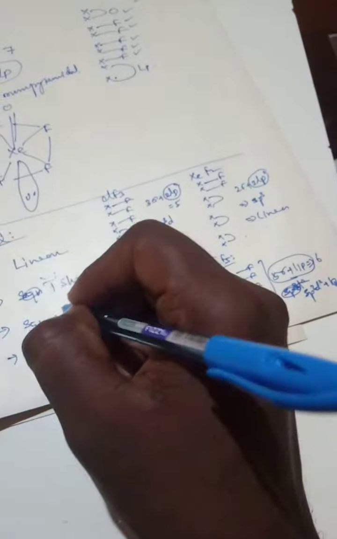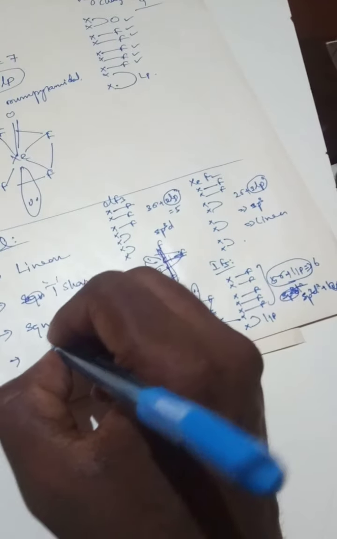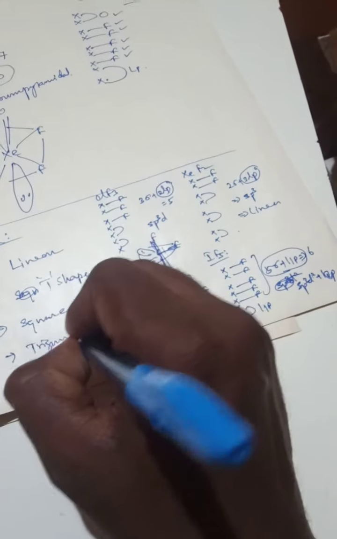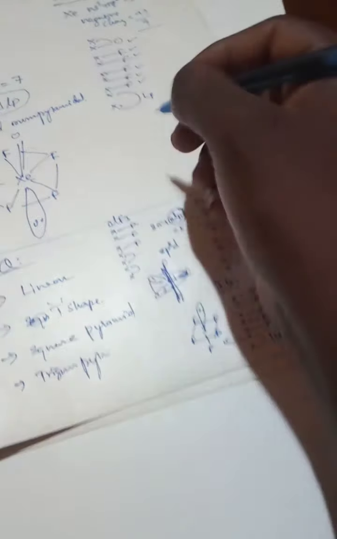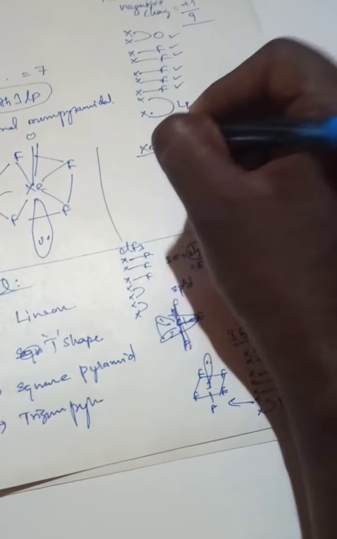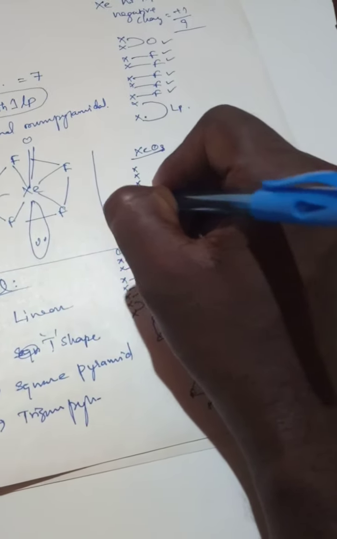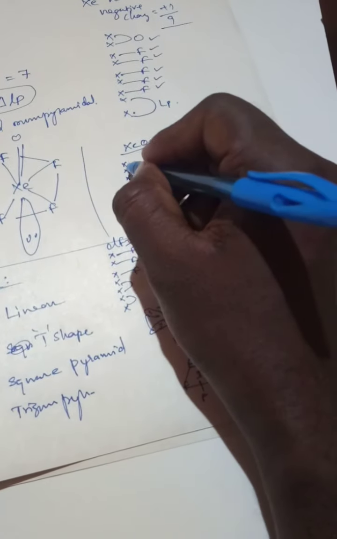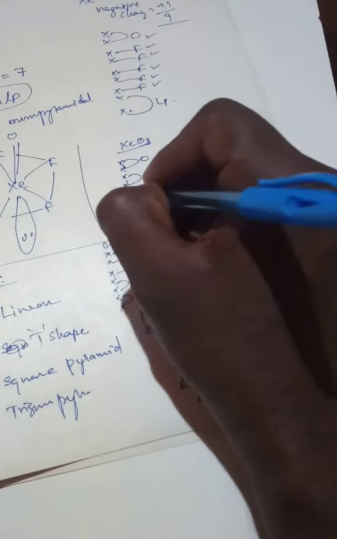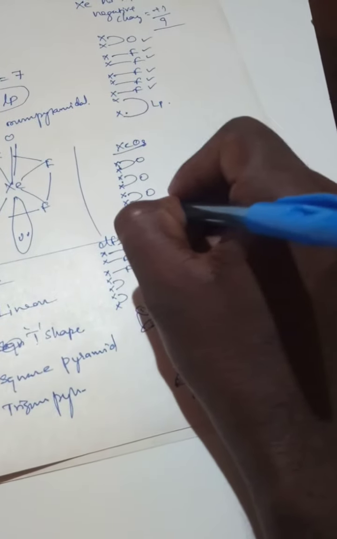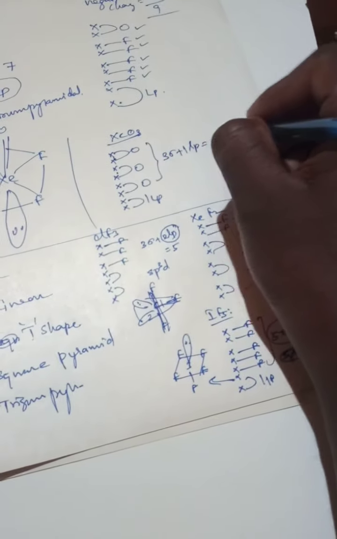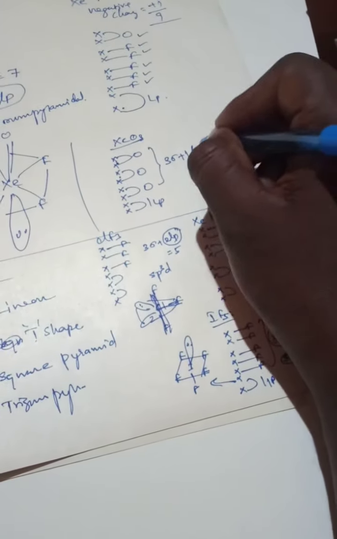The rest can be easily understood. For xenon oxides, like xenon trioxide, the valency of xenon is 8. With 3 oxygens there is 1 lone pair, so 3 sigma plus 1 lone pair, totally 4, which is sp3 with 1 lone pair.